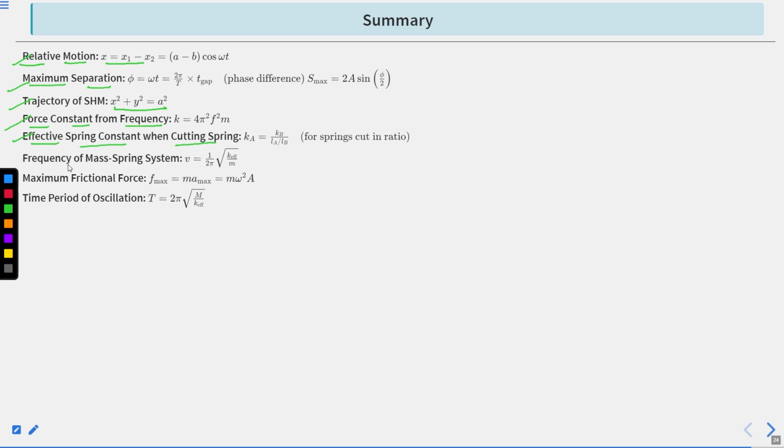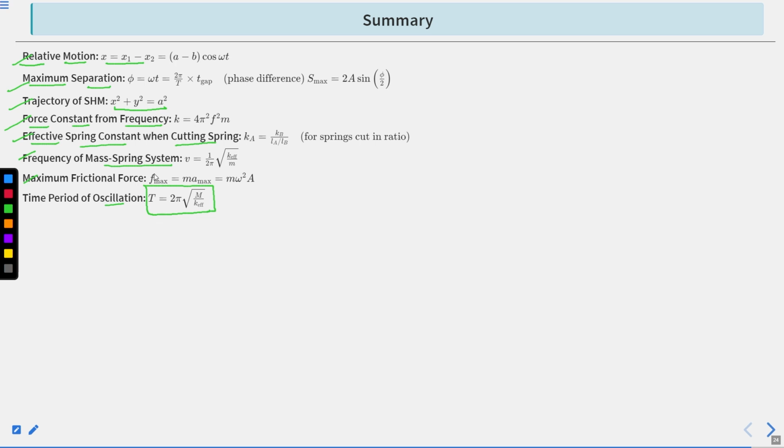Frequency of a mass spring system v equals 1 upon 2 pi under root k effective divided by m. Maximum frictional force F max is equal to m a max. And time period of oscillation T equals 2 pi multiplied by under root m divided by k effective.